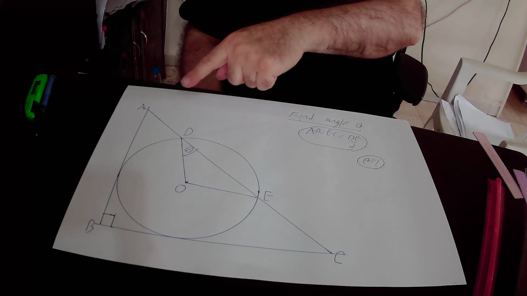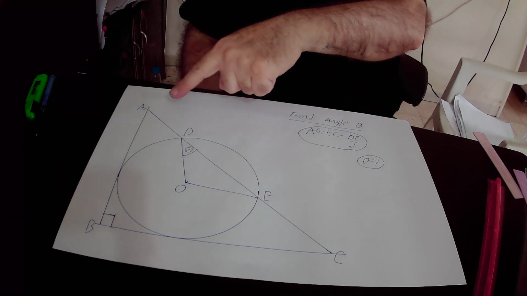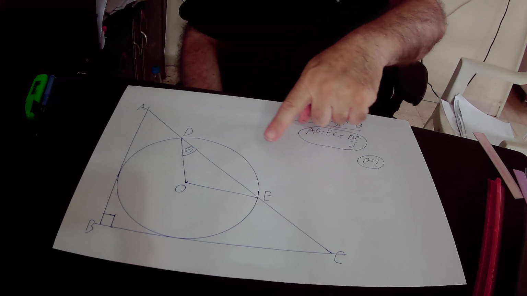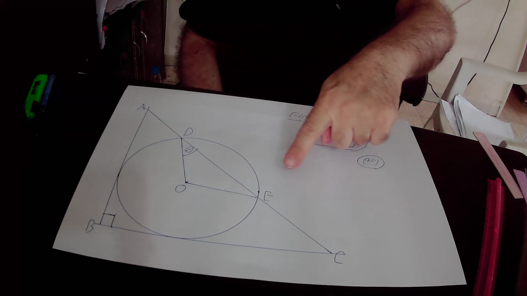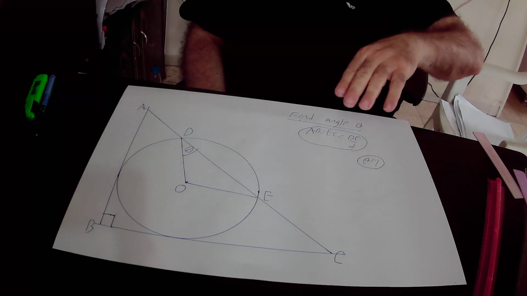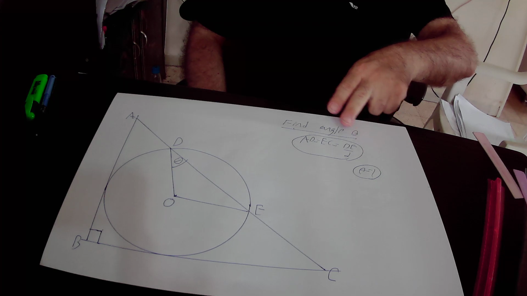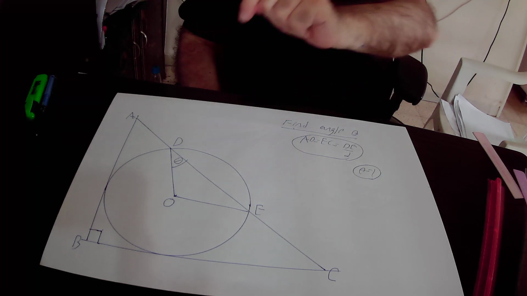It is given that AD equals EC, and DE is twice as long as AD, and it is also twice as long as AC. That is to say, AD equals EC equals DE over 2, and our mission is to find out the size of this angle, angle theta.